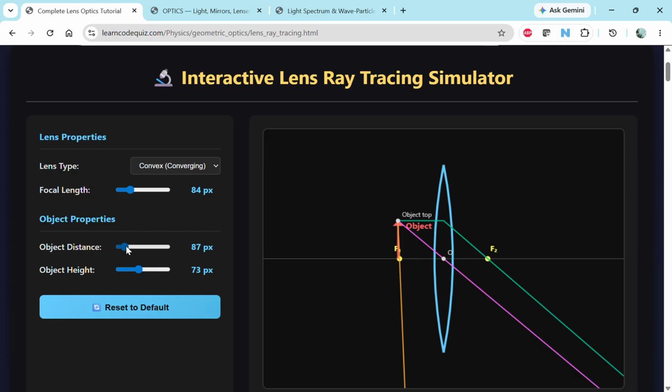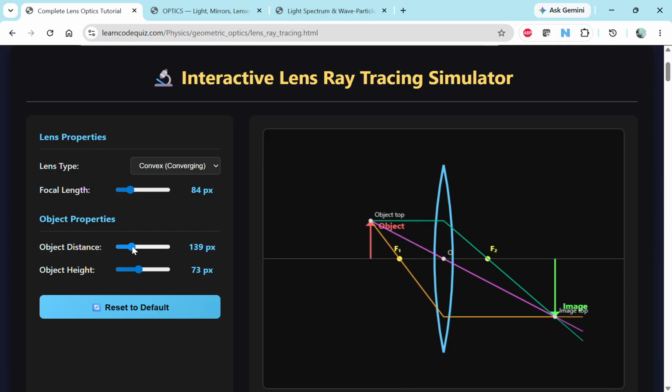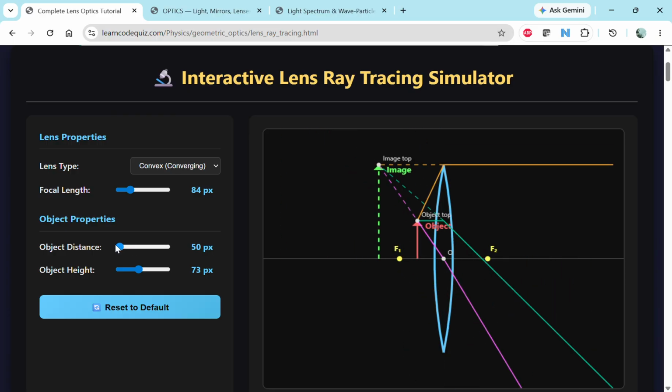Now, if you move the object away from the focus, you see a real but inverted image forming. Now, if you move the object between the focus and the optical center of the lens, you see large virtual images, bigger than the object size.